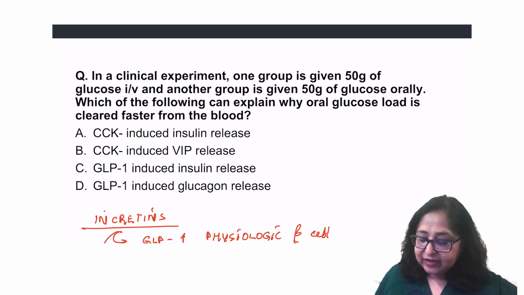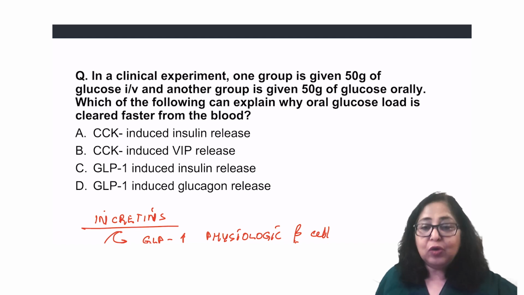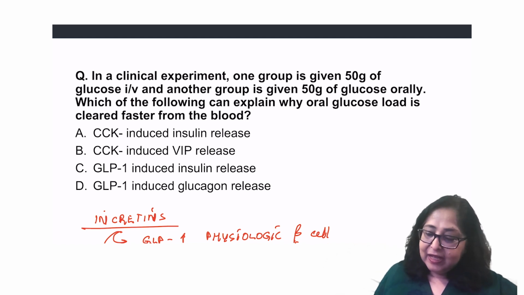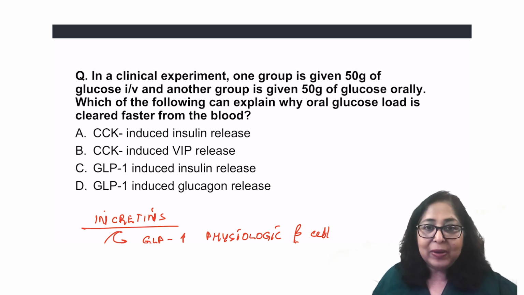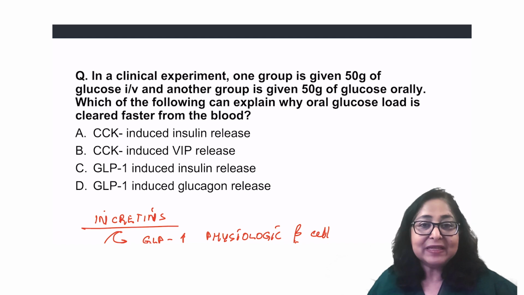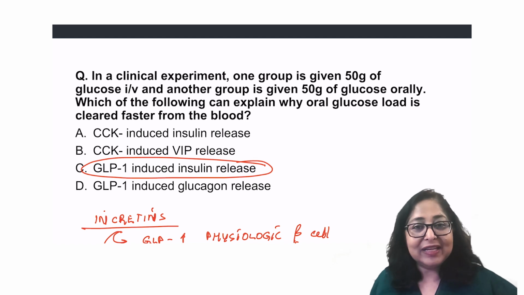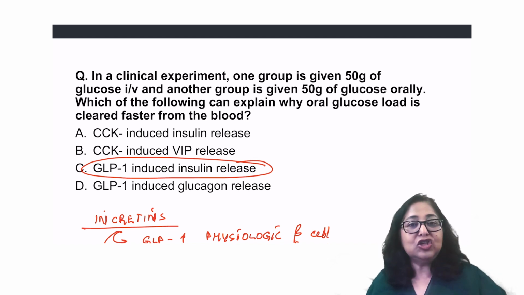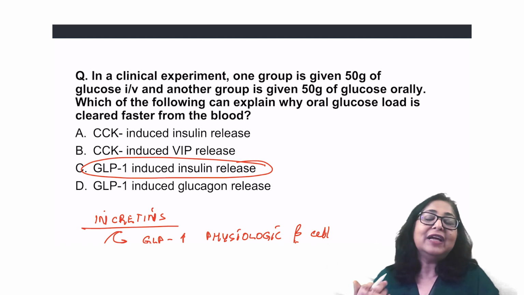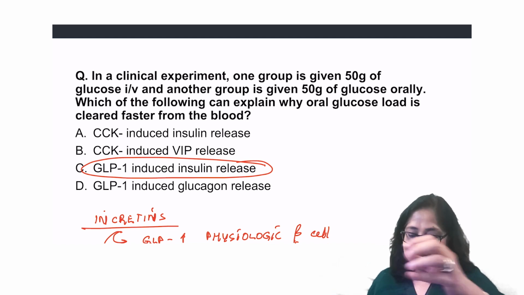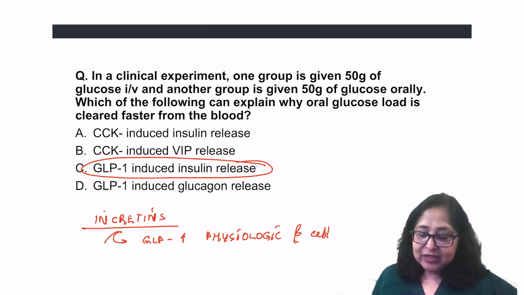The other important incretin is GIP, glucose-dependent insulinotropic peptide. Now, why is oral glucose cleared faster? This is because along with the release of insulin from the beta cells of the pancreas, GLP-1 also increases the insulin release. So, not just the release of insulin because of a rising blood glucose level, but also there is GLP-1 induced insulin release. So the answer to this question is C.